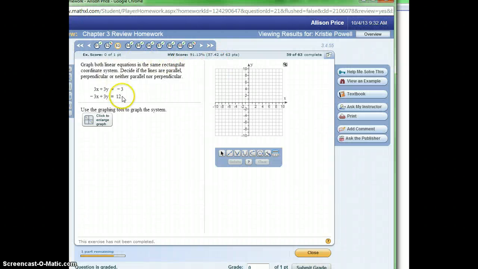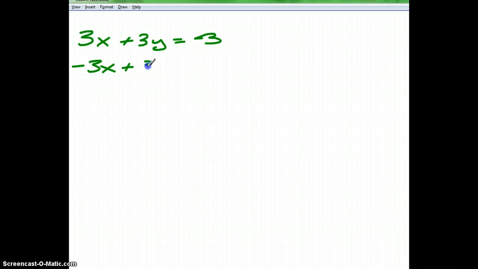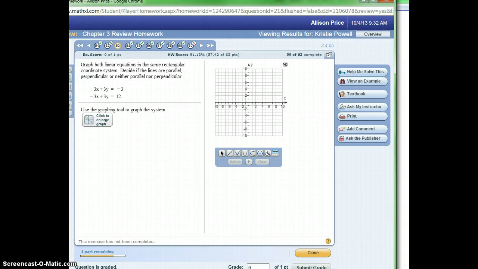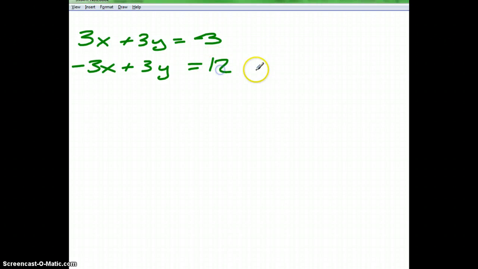The two equations are 3x plus 3y equals negative 3, and negative 3x plus 3y equals 12. And I want to graph these two lines. It didn't say to graph them by intercepts, so I can choose any method I want here. Intercepts may still be the easiest method when it's set up in this form already.